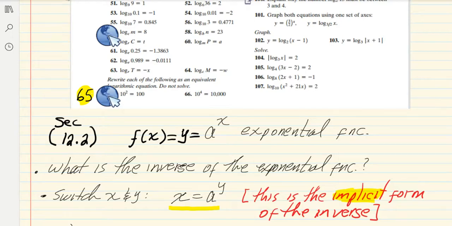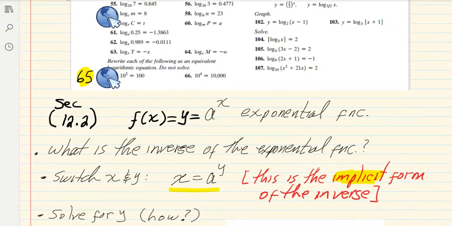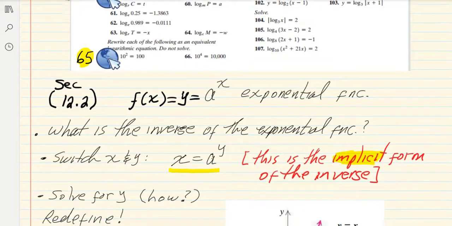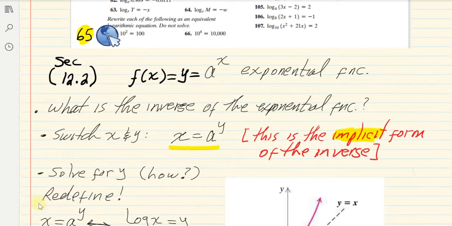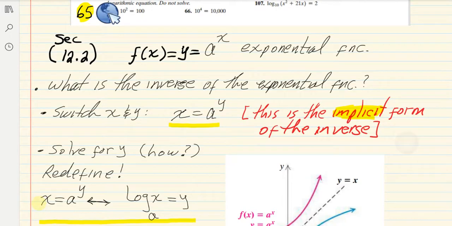At this point, something really interesting happens. Instead of solving for y, this equation, the implicit form, is actually redefined. Here's how it's redefined. Very interesting. There you go. The birthplace of logarithms. Instead of writing x equals a to the y, the mathematicians thought, let's write using this notation.